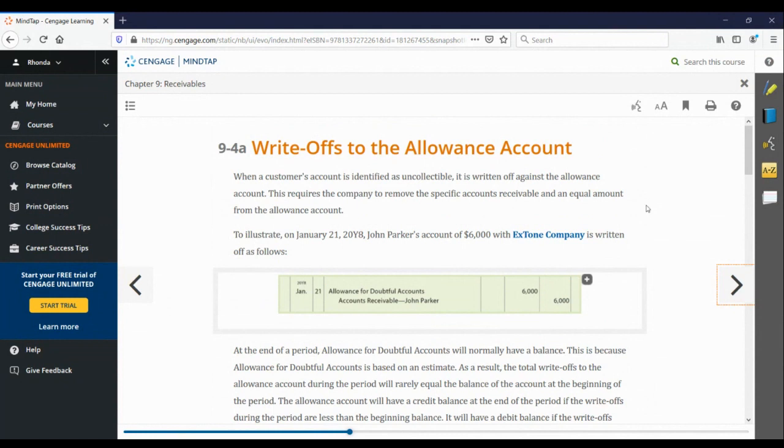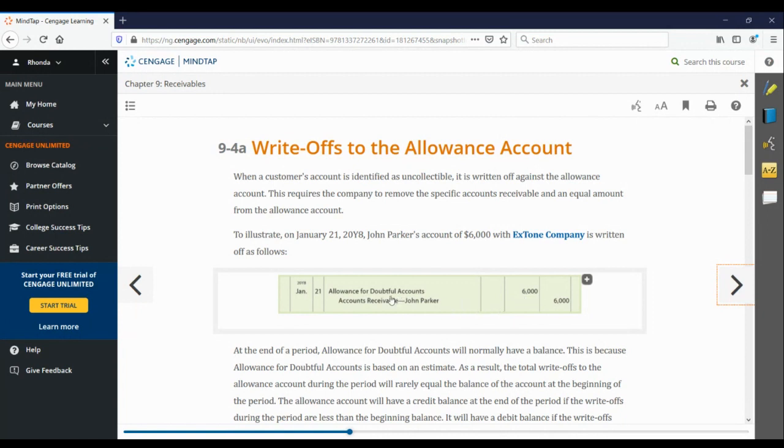So the write-off entry for an accounts receivable, when we are using the allowance method as our method for recording uncollectible accounts, is to debit the allowance for doubtful accounts for the actual amount of the write-off.